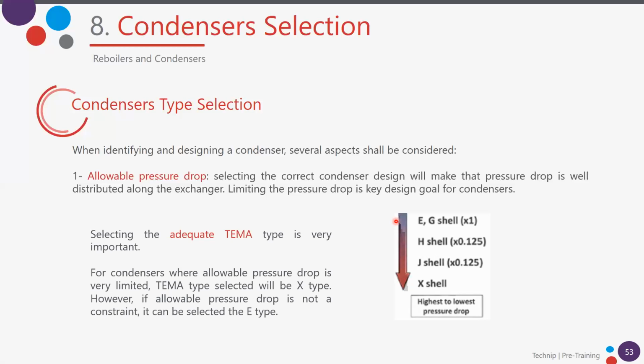However, if we want to decrease the pressure drop as much as possible, we will select another type of shell that decreases the pressure drop, such as H and J shells, or the last one, the X shell. This one is the shell type with the lowest pressure drop. So usually for vacuum condensers, we use X shell.